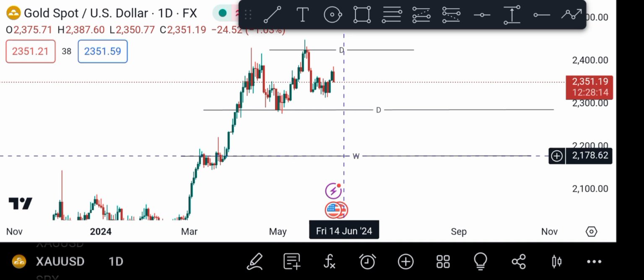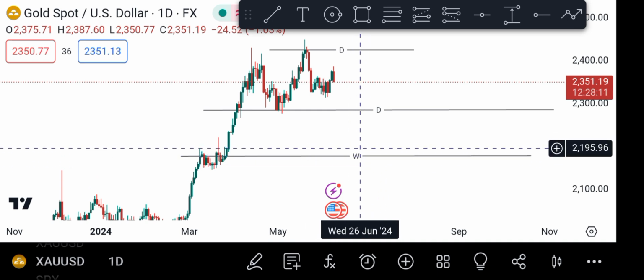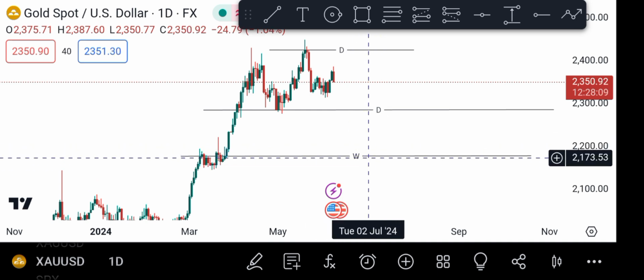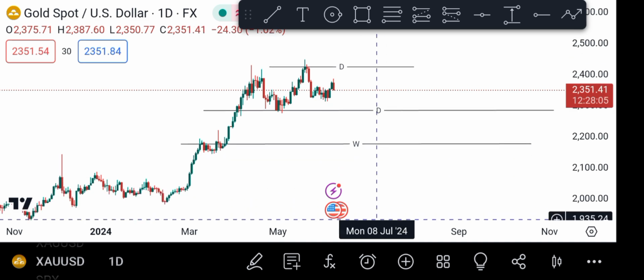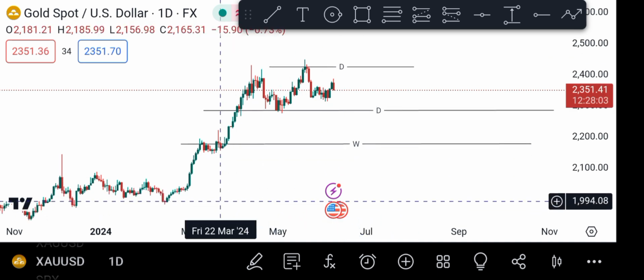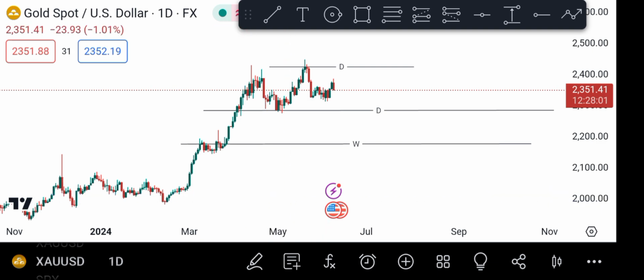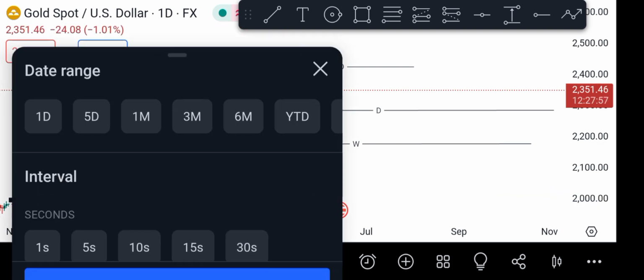If this zone cannot hold gold, and it closes below it again, that means I'm expecting gold to go to the next zone I drew, this place. But I'm sure gold should do some good to respect this place.